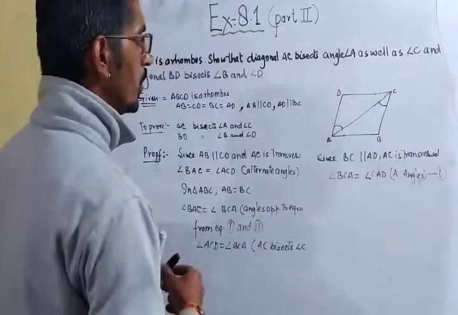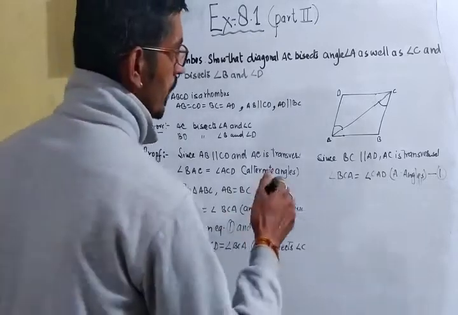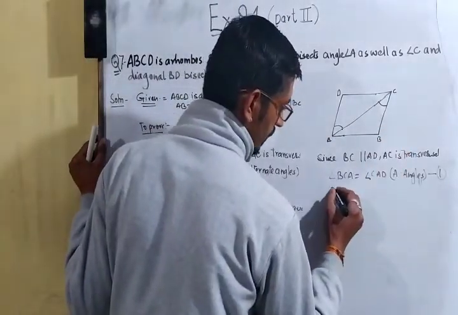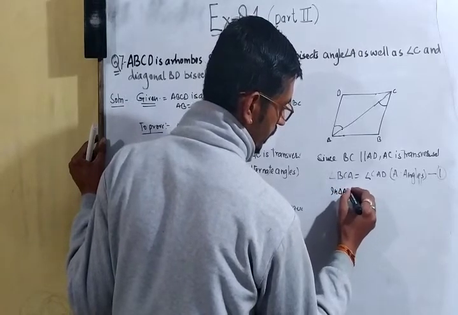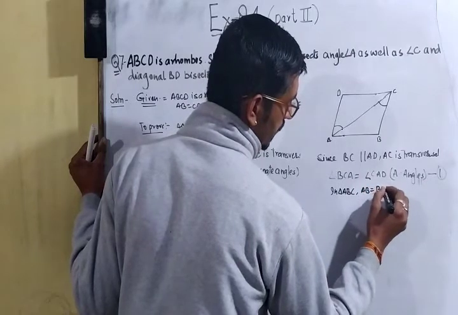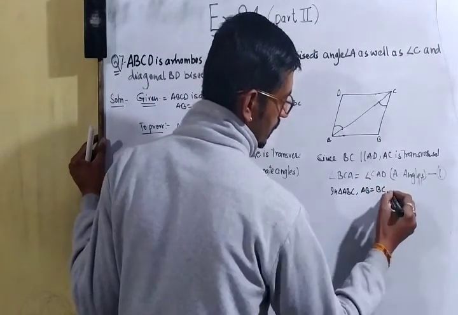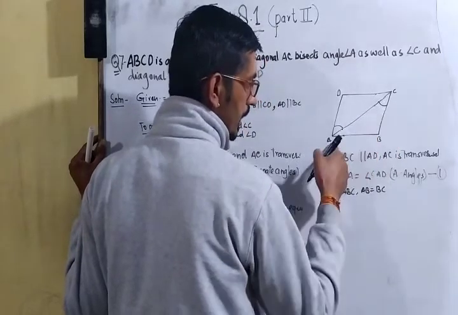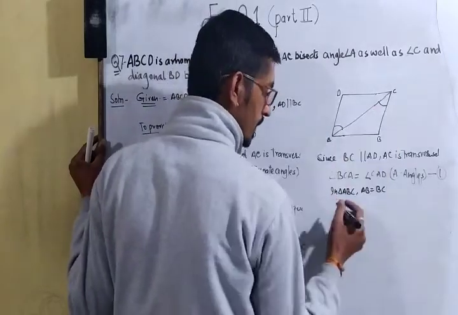Okay. Now move on to the second part now. In triangle ABC, AB is equal to BC. So what we can conclude from this? Angle BCA is equal to angle BAC.